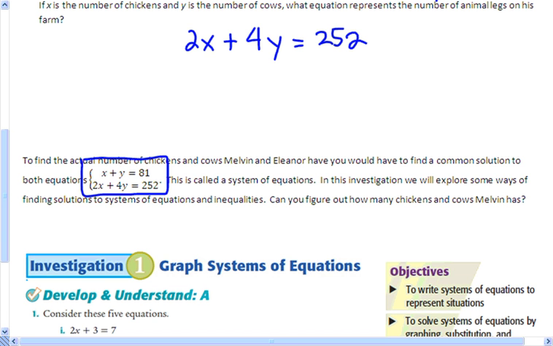I'm going to leave that up to you to figure out, and hopefully that'll intrigue you enough to want to know, is there an easy way to solve a system of equations like this? And that's what we're going to do in this lesson. We're going to learn how to solve systems of equations.